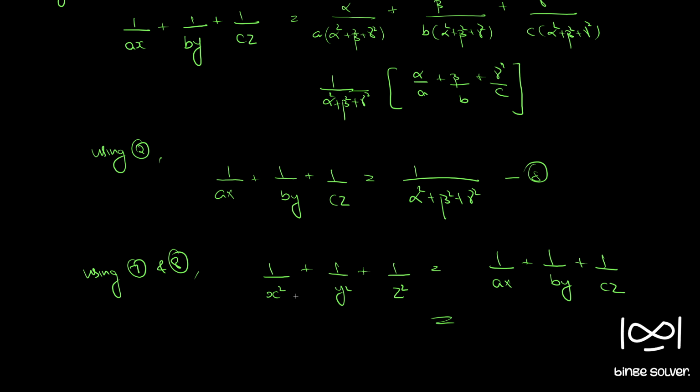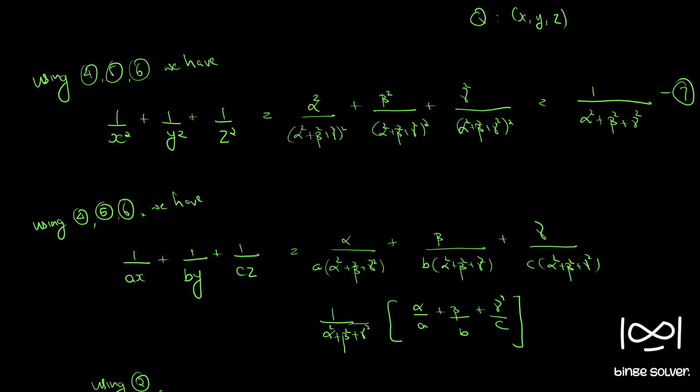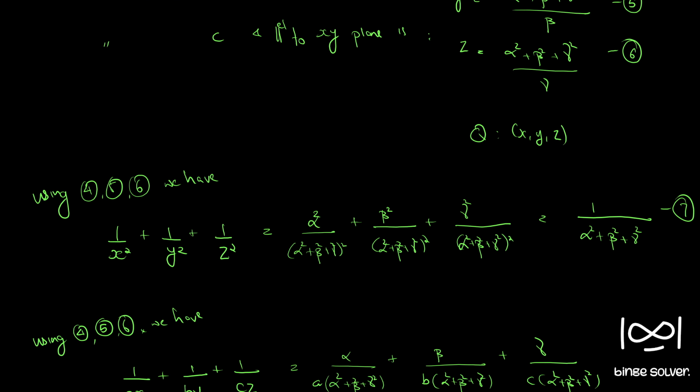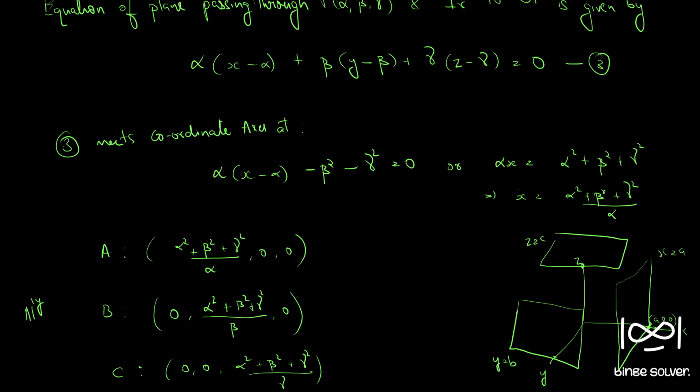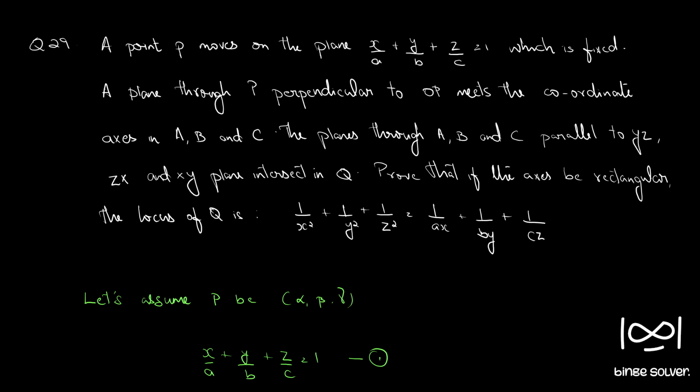Now we have the relation between x, y, z and a, b, c in it. So we get the locus of Q as 1 by x square plus 1 by y square plus 1 by z square equals 1 by ax plus 1 by by plus 1 by cz.